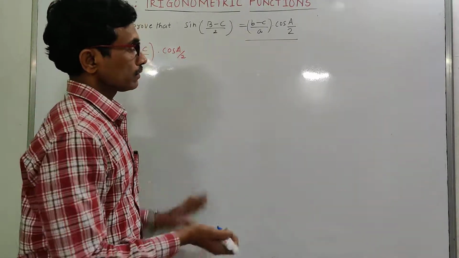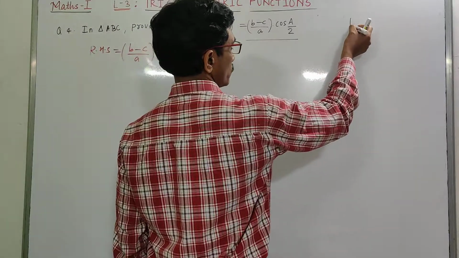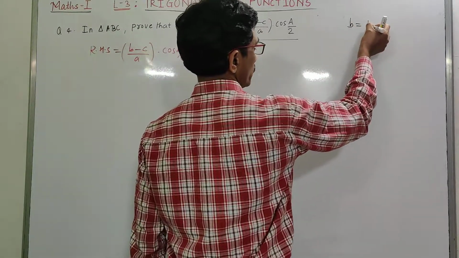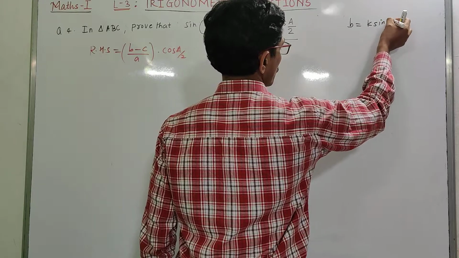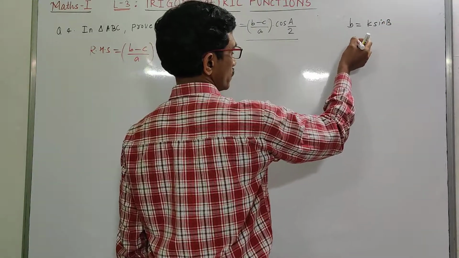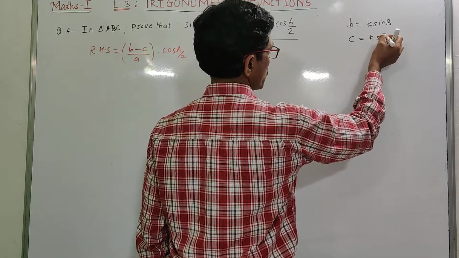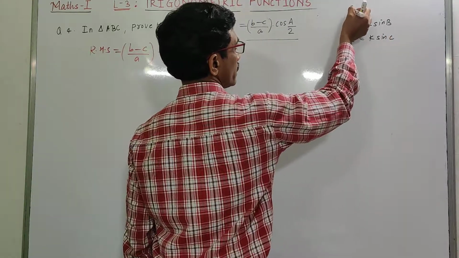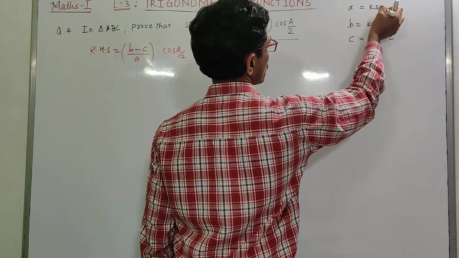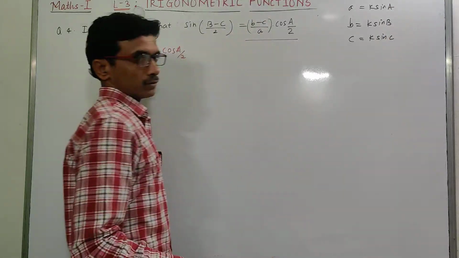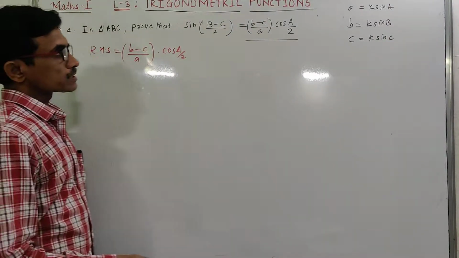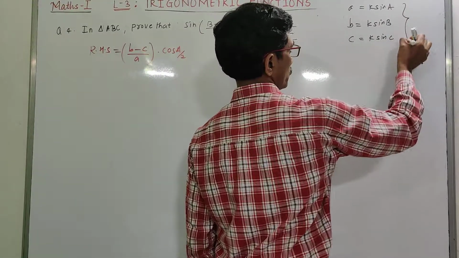See, we have the sine rule. b is equal to K sine B, c is equal to K sine C, and a is equal to K sine A. This is the sine rule, so we use it here to prove this.